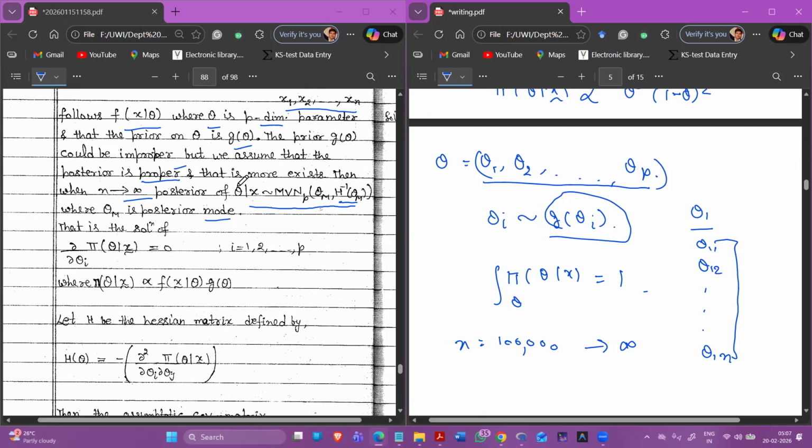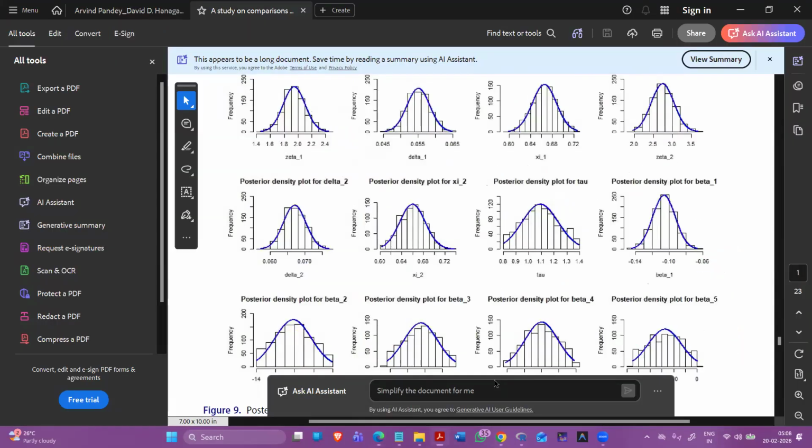So it says that when n tends to infinity, the posterior of theta, meaning theta 1, theta 2, these 100,000 observations that I am having, will follow the multivariate normal distribution. If you just see the graph, it is basically a multivariate normal distribution, right? So that is your Bayesian central limit theorem.